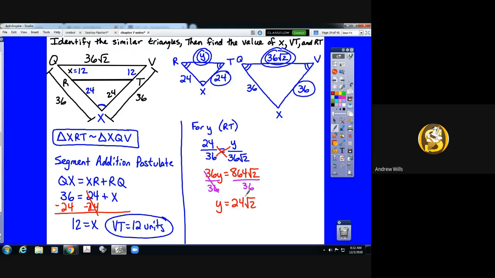And if y is equal to 24 root 2, then RT is equal to 24 root 2 units. I don't need a decimal approximation of that. Your calculator is capable of giving you a decimal approximation, but I don't want an approximation. I want the exact answer. Okay? Okay, so that does it for today's lesson.